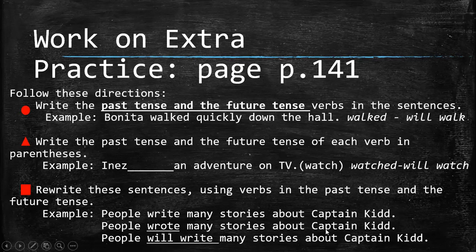People wrote many stories about Captain Kidd, and then you have to rewrite the sentence. Yes, you have to rewrite the sentences for the past and for the future. So people wrote many stories about Captain Kidd. You write it, and then you rewrite it. People will write many stories about Captain Kidd in the future tense.